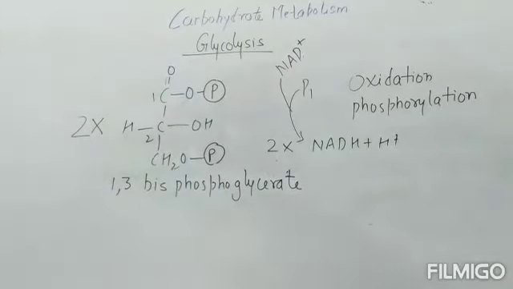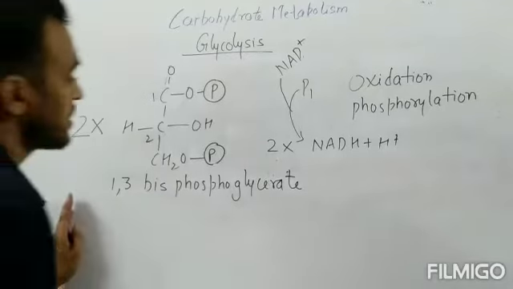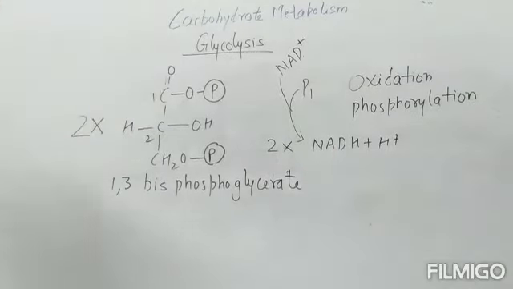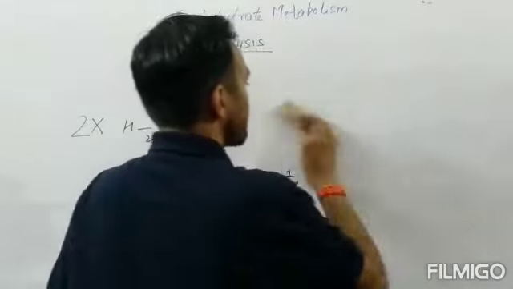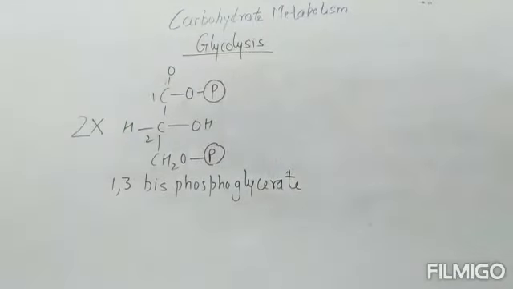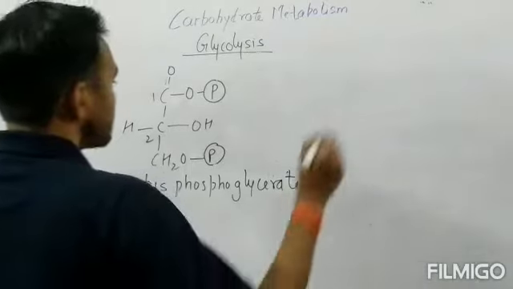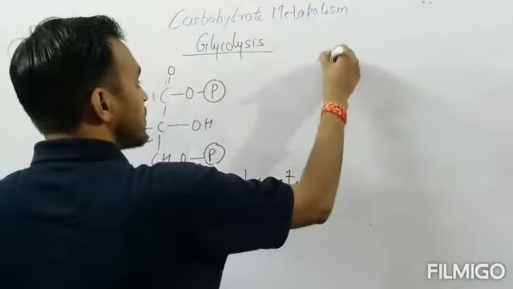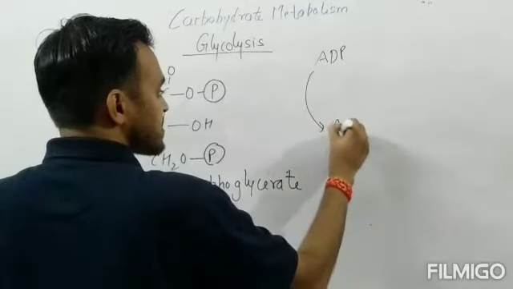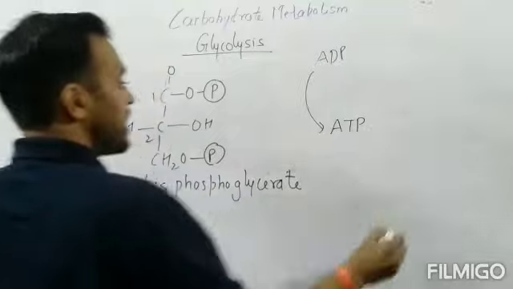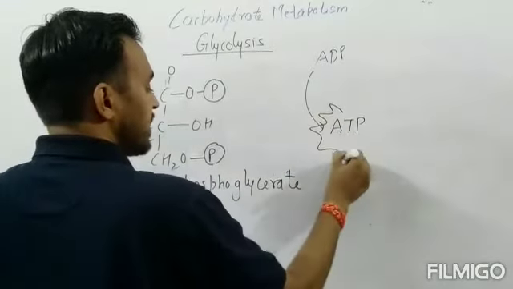In the next step, the seventh step, there is removal of a phosphate atom. ADP receives one phosphorus and converts into ATP.